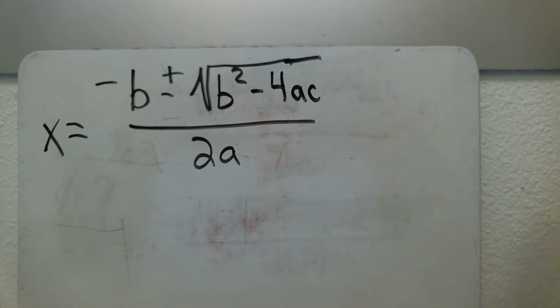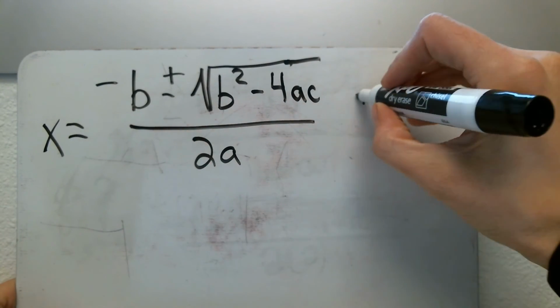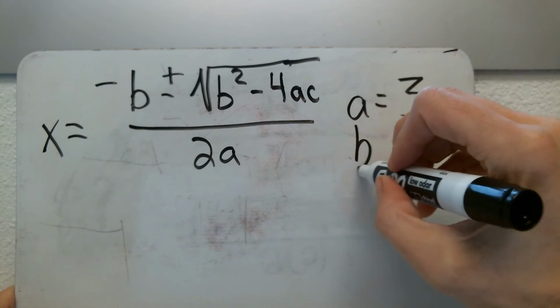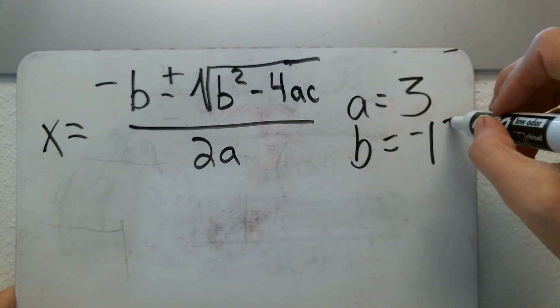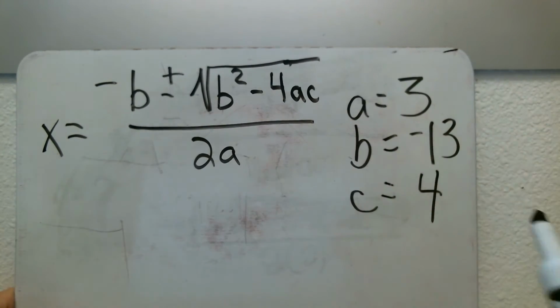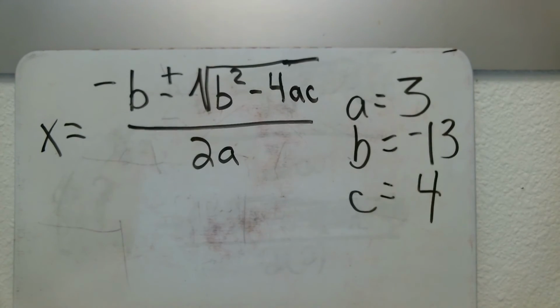So we just said that our a is equal to 3, and our b is equal to negative 13, and our c is equal to positive 4. So let's go ahead and substitute these values in.